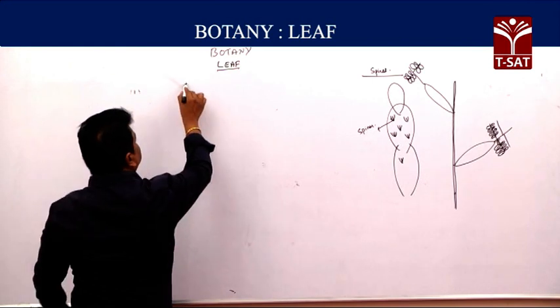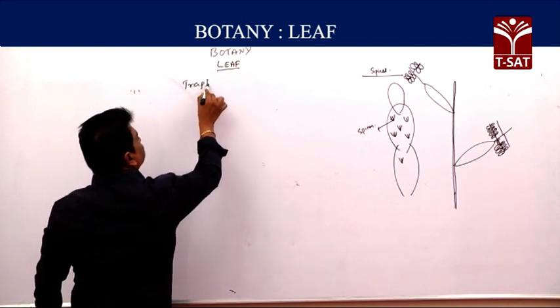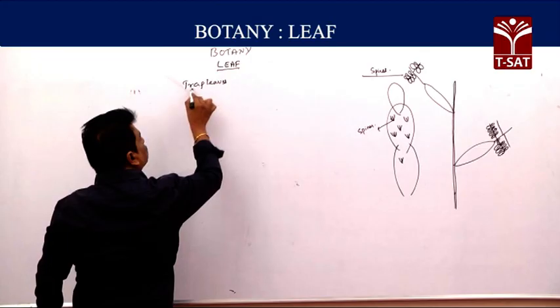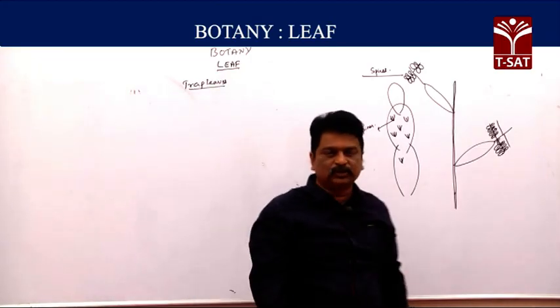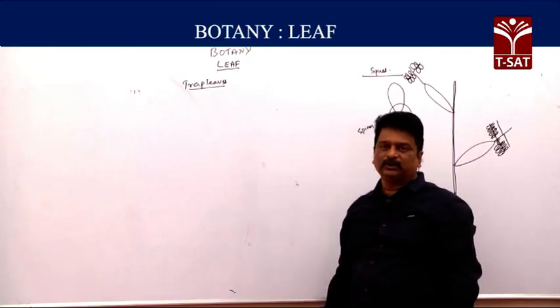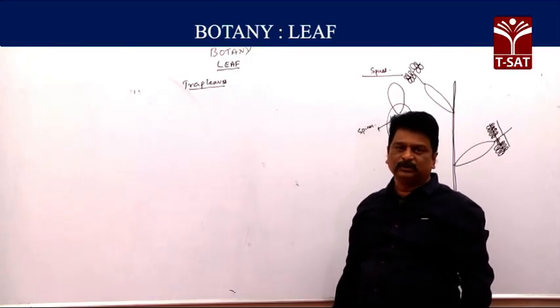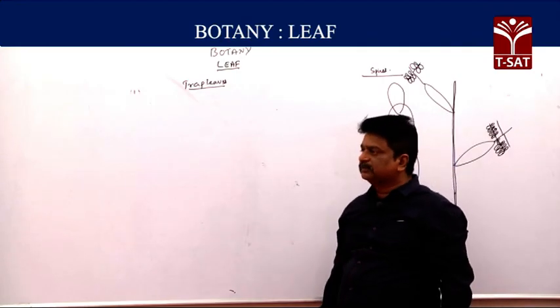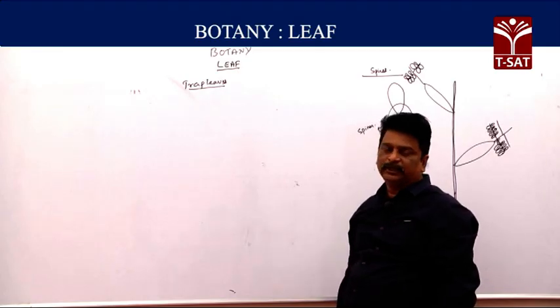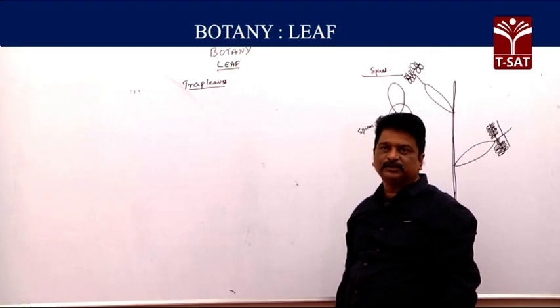Last one is trap leaves. Trap leaves means, actually, most of the plants absorb nitrogen from soil, because in plants the nitrogen fixing enzyme nitrogenase is absent.